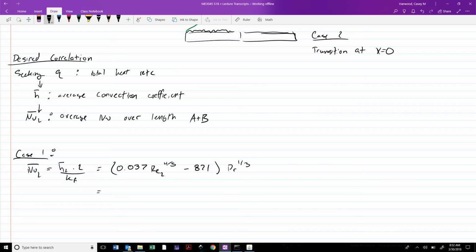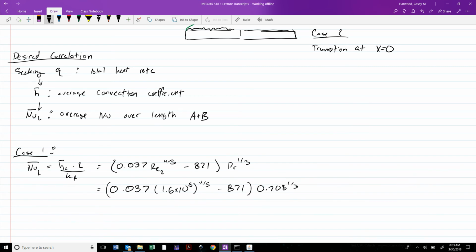Okay, so it's going to be 0.037 times 1.6 times 10 to the 5th power, that's our Reynolds number based on length, to the 4/5 minus 871, all times 0.708 to the 1/3 power.